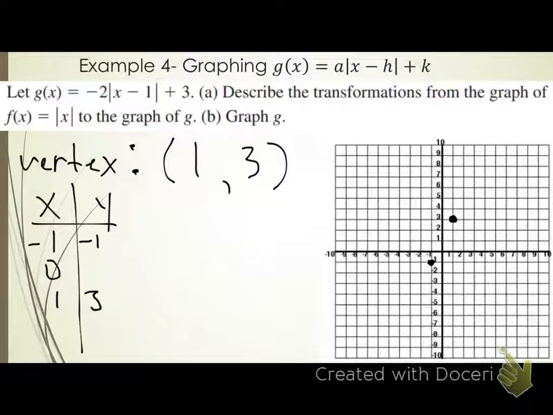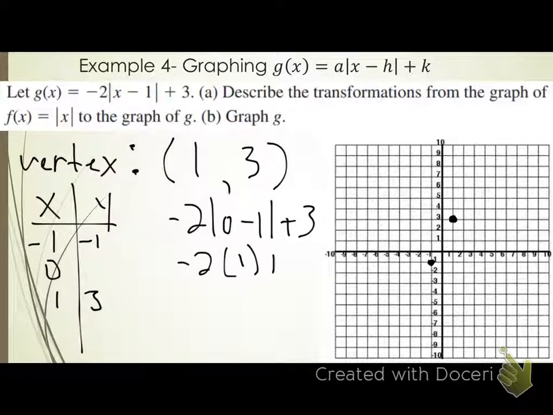Plug 0 in. What's 0 minus 1? -1, absolute value of -1 is 1, -2 times 1 is -2, plus 3 is 1. 0, comma 1. And then we have 1, comma 3. So, which line am I able to reflect this part over?